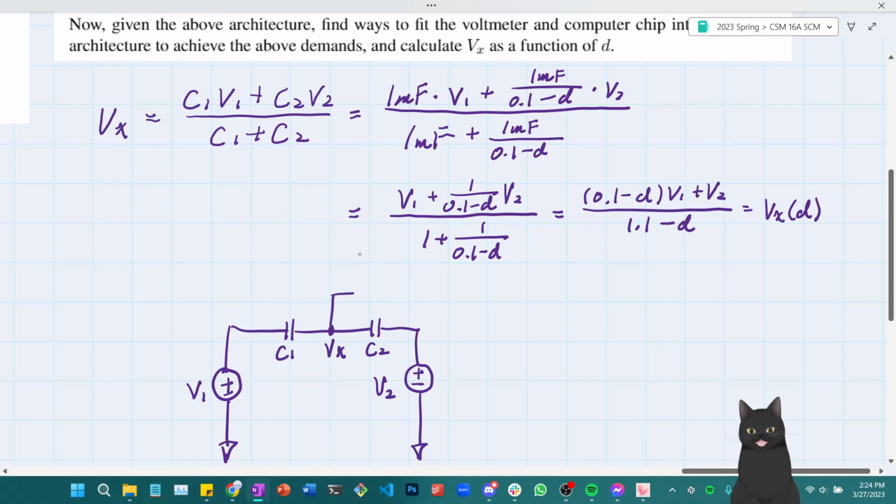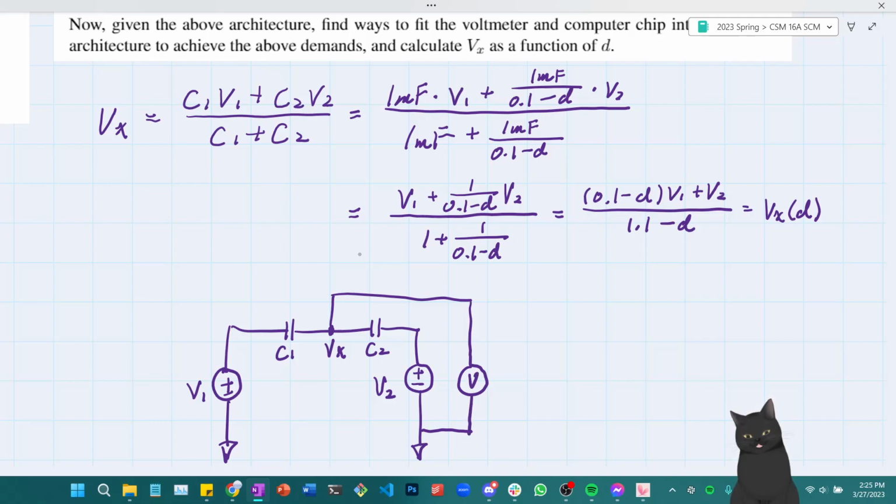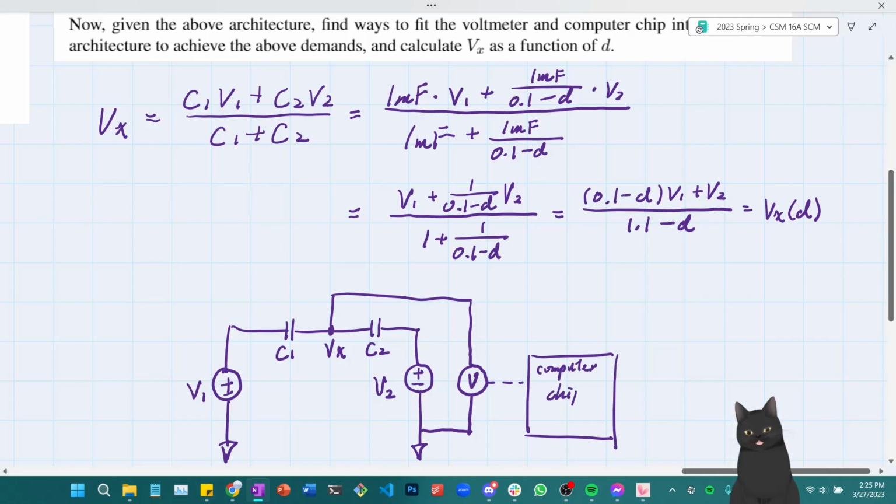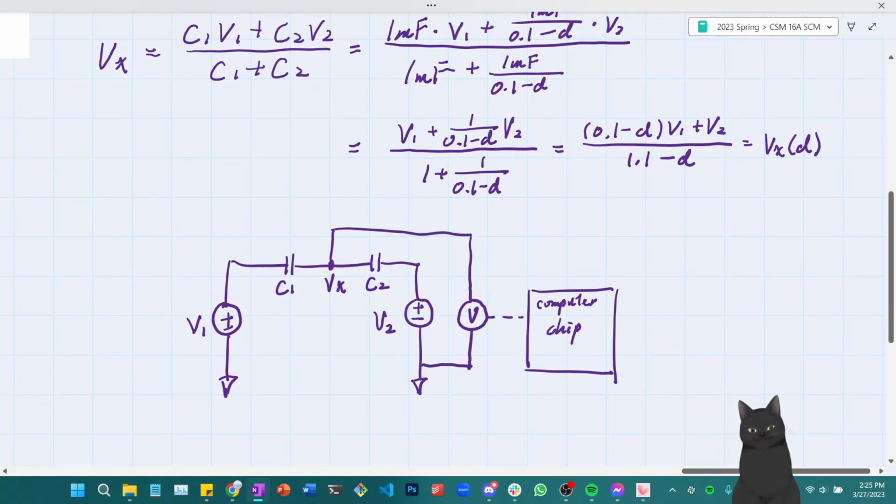So I connect a voltmeter in parallel to Vx, to something connecting Vx and the ground node. I have a voltmeter here, and I establish a connection between the voltmeter and the computer chip, so that the voltmeter can send the information to the computer chip, and the computer chip can then activate switches within my machine.